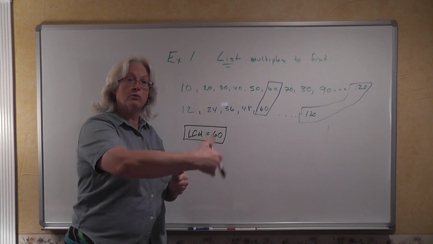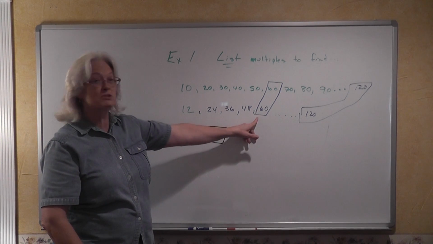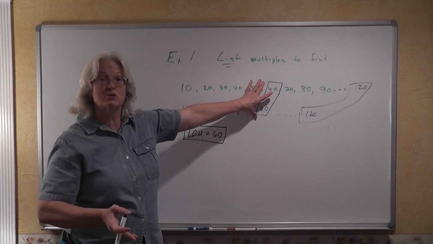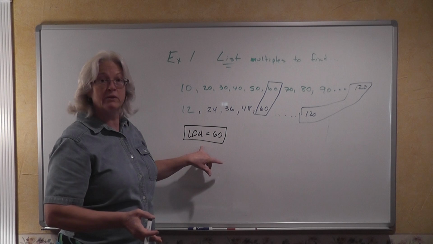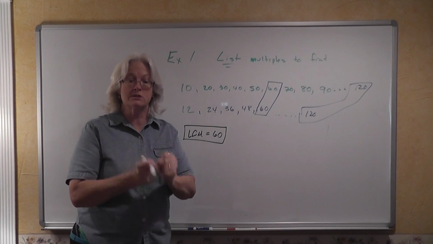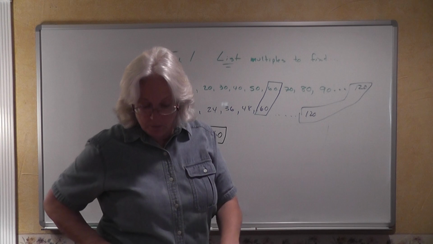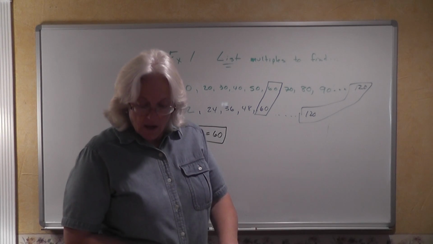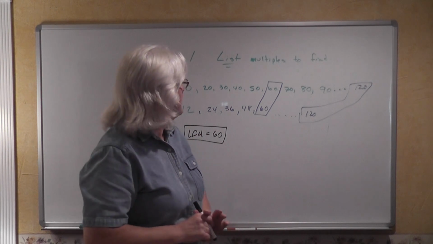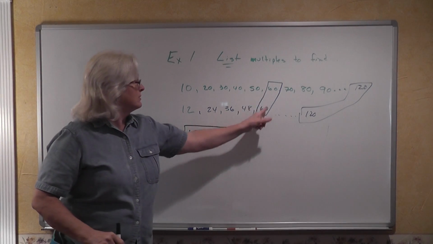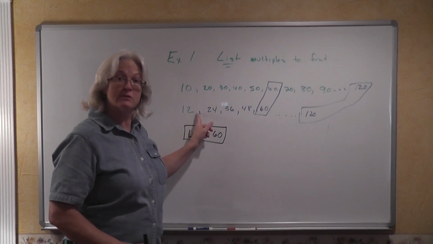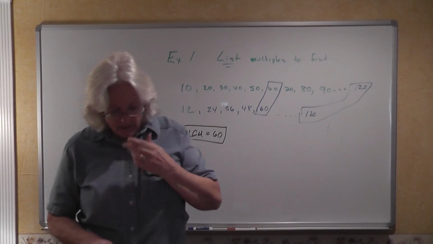There's a regular progression, but the very first time that you have multiples in common, that's what the LCM is. It's the least common multiple, or the smallest number. Your text tells you that the LCM is the smallest number that is a multiple of the given numbers that you've been asked to find the LCM of.